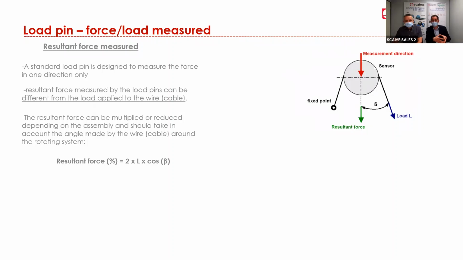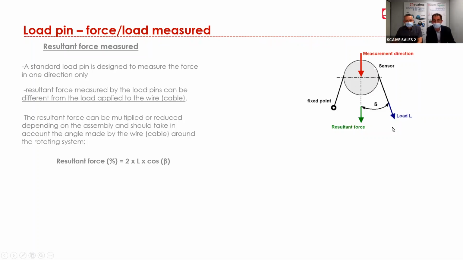What is the force which is measured with a load pin? As we said, the load pin is usually used to replace a mechanical axle on a pulley, as an example. And what the load pin will measure is not the force directly applied to the cable, but a resulting force applied to the pulley, as you can see from this drawing.